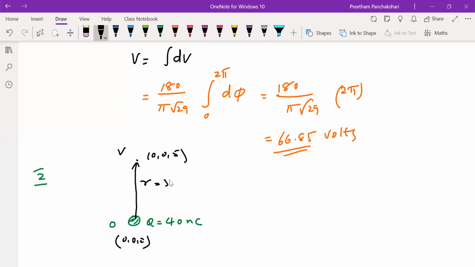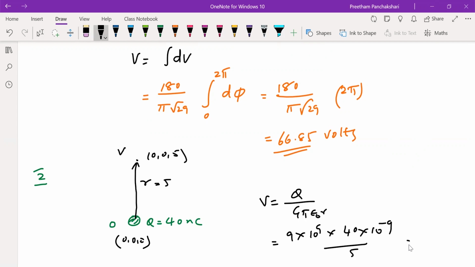Then R is equal to 5 meters. So for this particular case, V is given by Q by 4 pi epsilon naught R. 1 by 4 pi epsilon naught is 9 into 10 power 9. Q is 40 nanocoulombs divided by 5. This gives 72 volts.